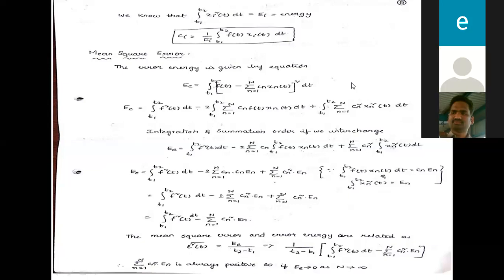So the first term is integral t1 to t2 f square of t dt, minus 2 into integral t1 to t2 sum of n is equal to 1 to N cn f of t xn of t dt, plus integral t1 to t2 sum of n is equal to 1 to N cn square xn square of t dt. After expanding a minus b whole square and taking the three terms with individual integrals, we got this expression.